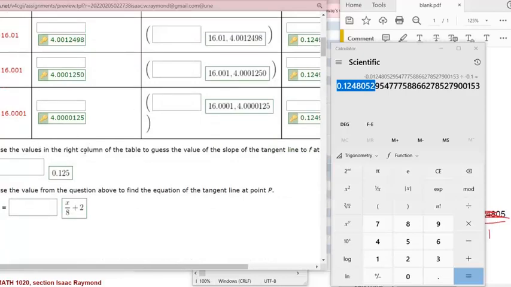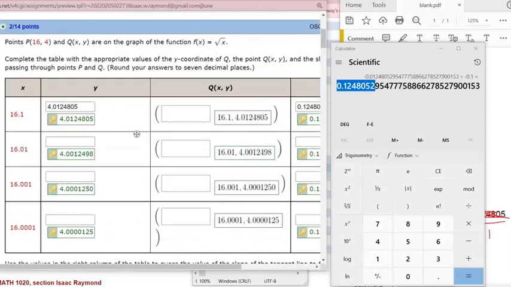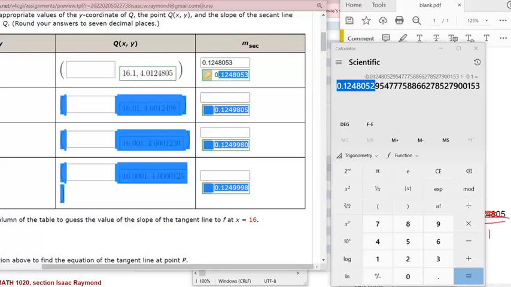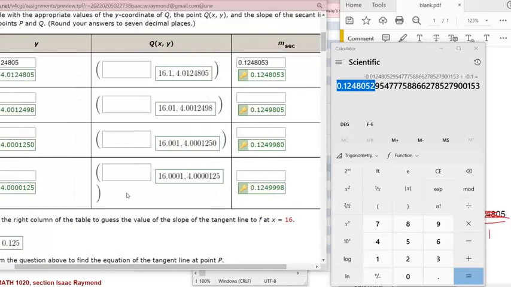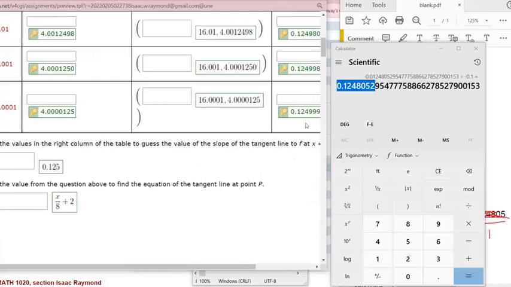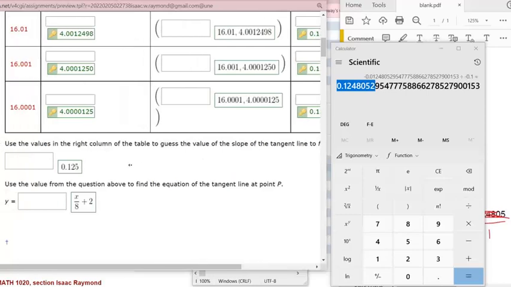Use the values in the right column of the table to guess the value of the slope. They don't say what decimal value, but if you follow the decimal values we have up here, they're getting really, really close, but never quite reaching 0.125. So I guess that's what they're getting at here. Just making a guess, since we're getting 99999, we're assuming that eventually we should round up to 0.125.